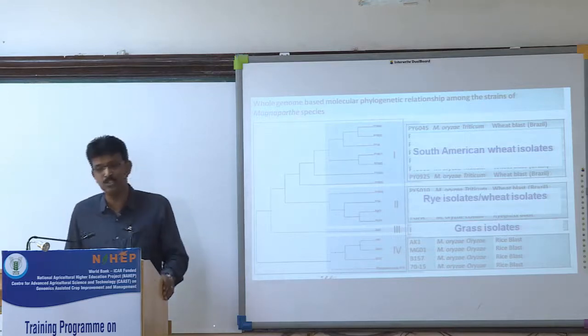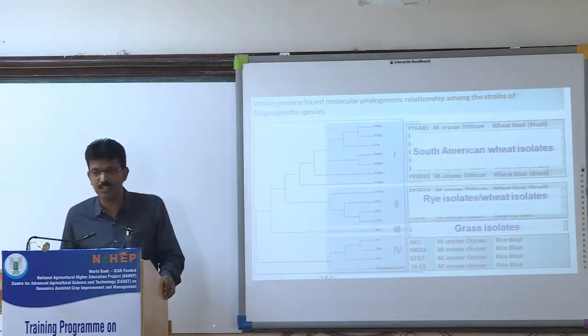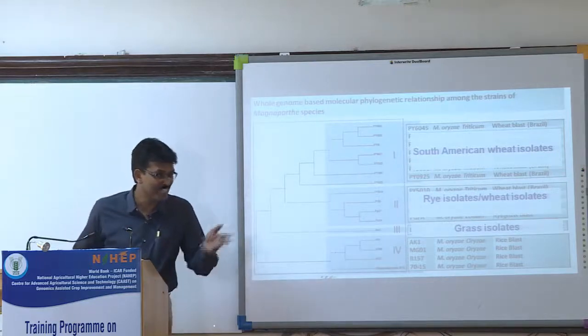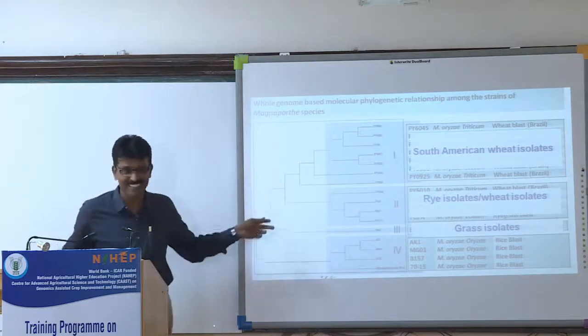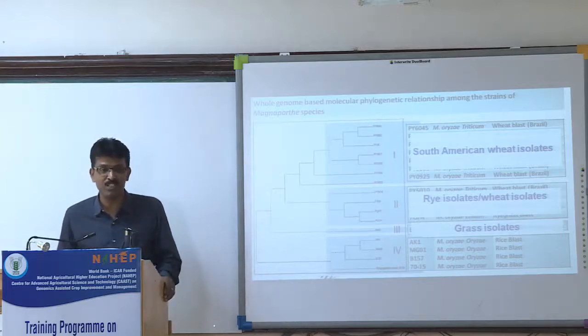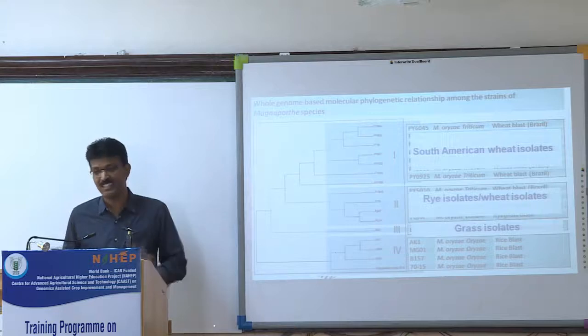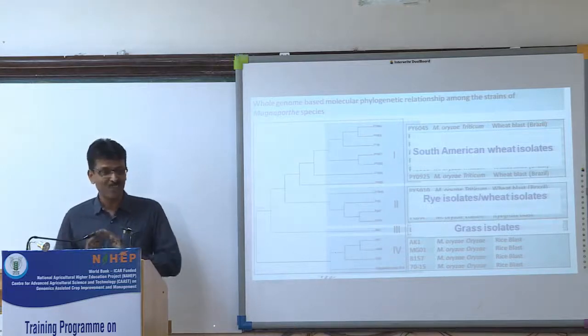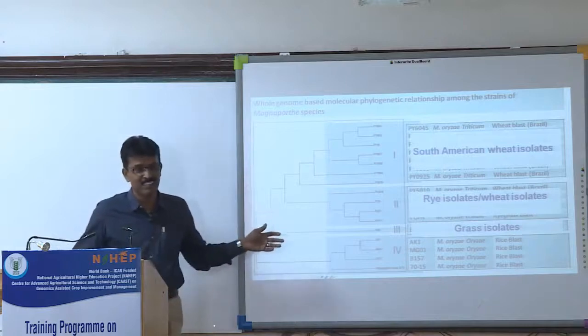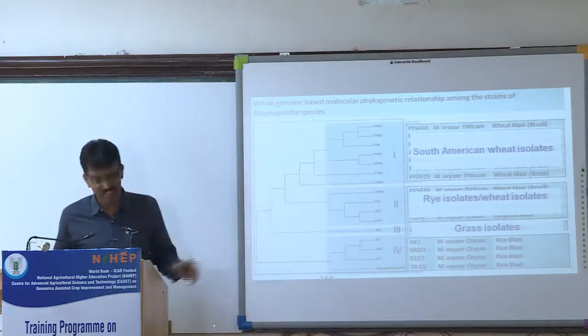7015 was the original strain sequenced in 2004. The paper appeared in Nature, as we already told you, with this strain 70-15. It's a very famous strain, now treated as the type strain for genome sequence data. A chromosome assembly is there and all data sets are nicely annotated, and we refer to this one for all practical purposes.